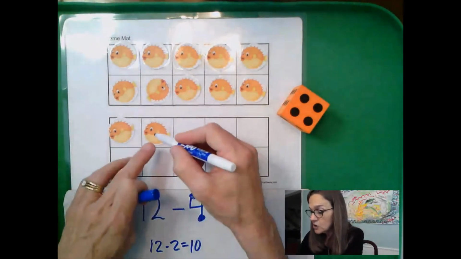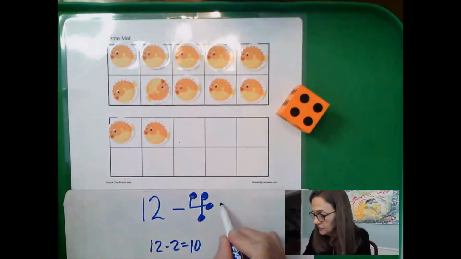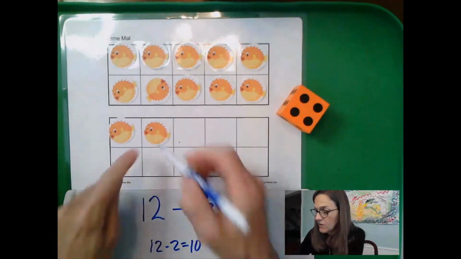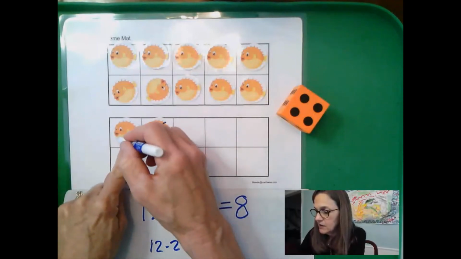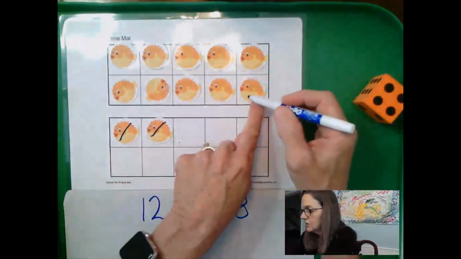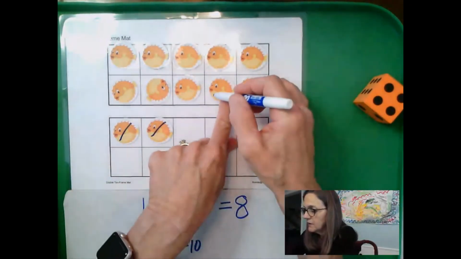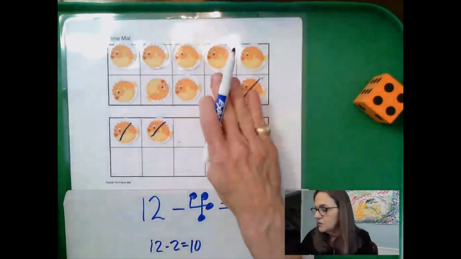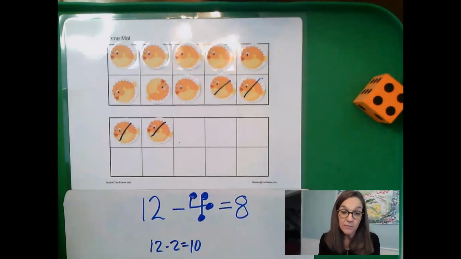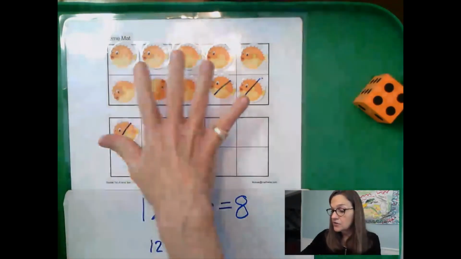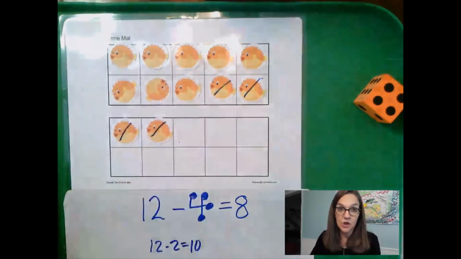Okay, so on your worksheet, you would just do it like this. 1, 2, 3, 4. And then if you look at what's left, then you can see that there are 8 pufferfish left. 12 minus 4 is 8. Okay, so this is just another way to show you.